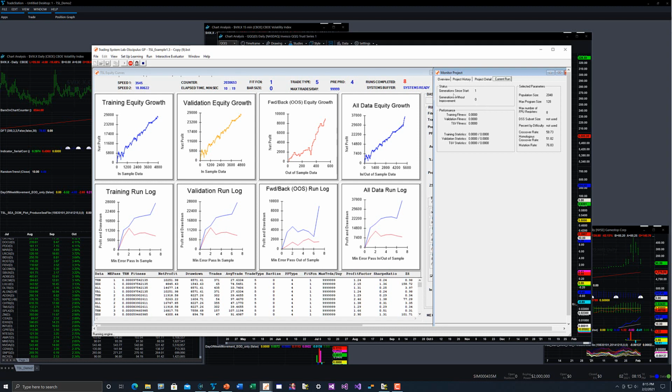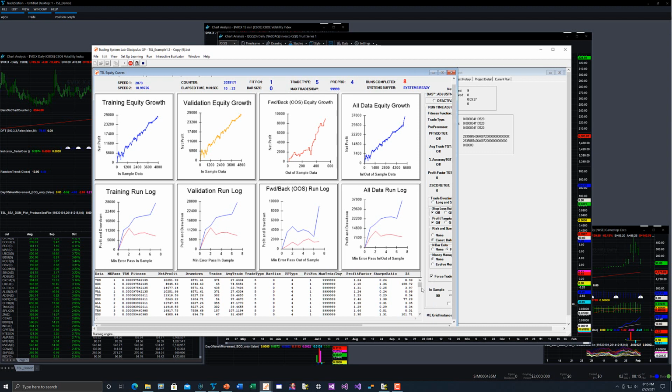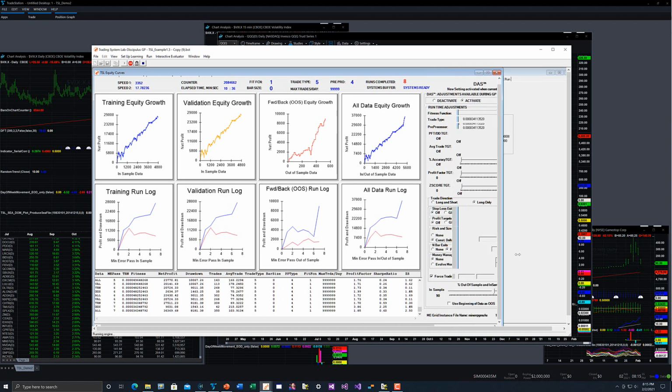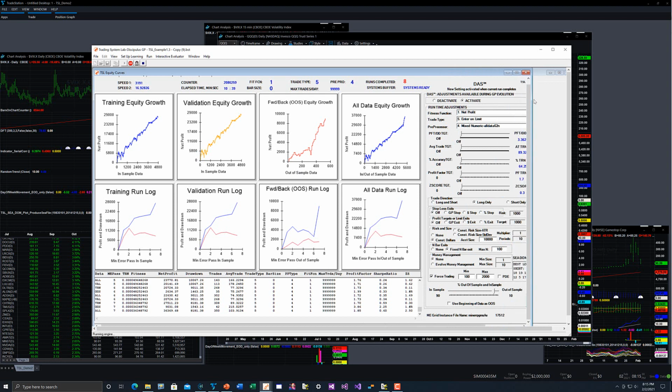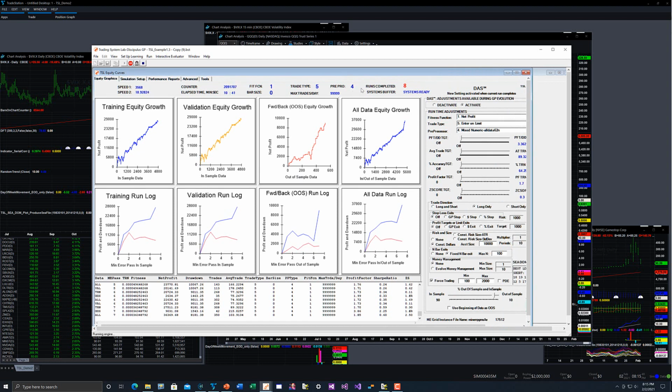Trading System Lab is a multi-run process. So we can see here also that the log shows the net profit, drawdown, and other criteria for various trading strategies that have emerged. This has already run through 8 runs for a total of almost 11 minutes.